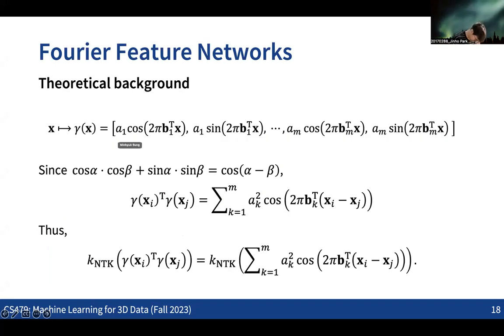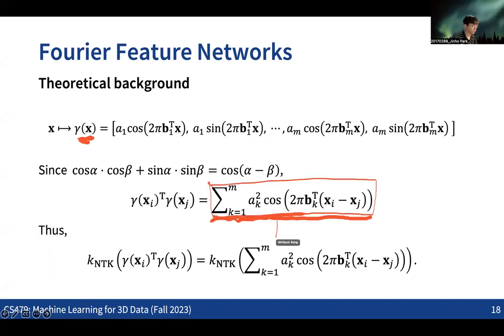Then from the trigonometry rule, we can see that the dot product of these two vectors, the output of the positional encoding, can be written like this, which means that we are feeding this as the input to the neural tangent kernel, right? Makes sense.